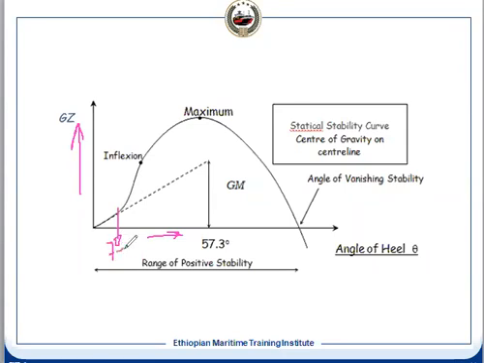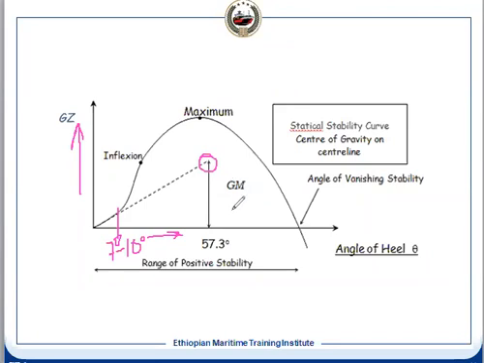So at 7 to 10 degrees, we draw a tangent. There will be a curve in this area, the GZ stability curve. We draw a tangent to this, and it coincides with a point at 1 radian. We have drawn a perpendicular. So that gives us the GM. It means this will be the GM for the small angle of heel.